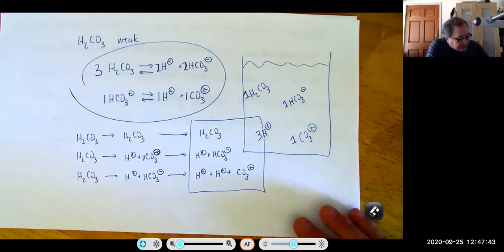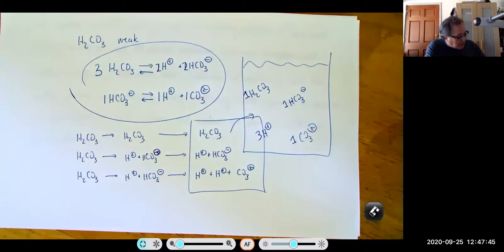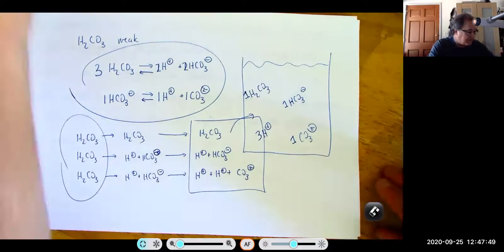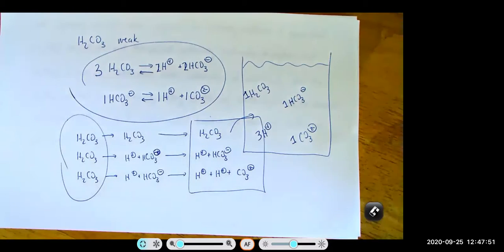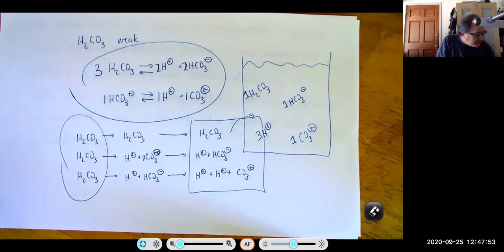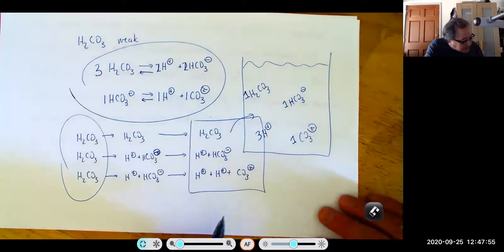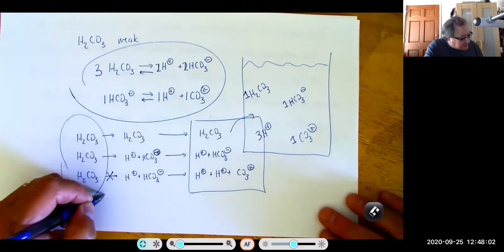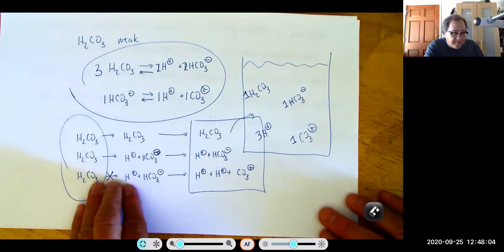So this is what's in the water bottle if we put 3 of these in here, just pretending that this is what they do. Fair enough? Yeah. Well, what would happen to the number of hydrogens if this didn't happen very much?